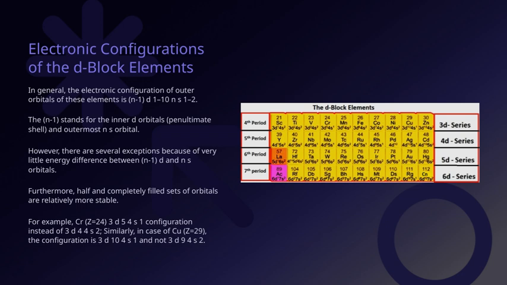This means that the electrons tend to fill these orbitals in a way that balances stability and energy considerations. Understanding these configurations is crucial because they influence the chemical behavior and properties of the transition metals in the d block, which is central to our overall discussion on their chemistry.